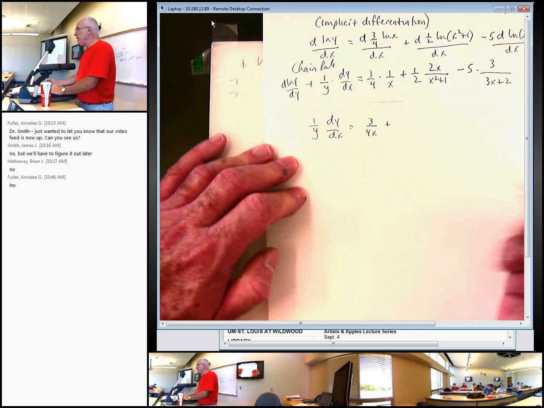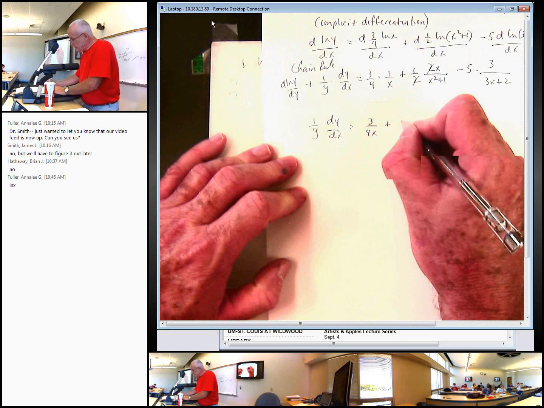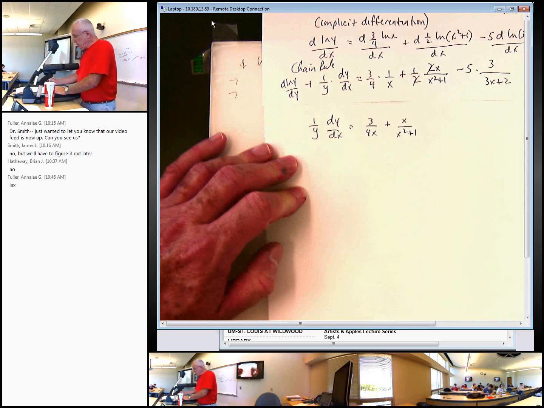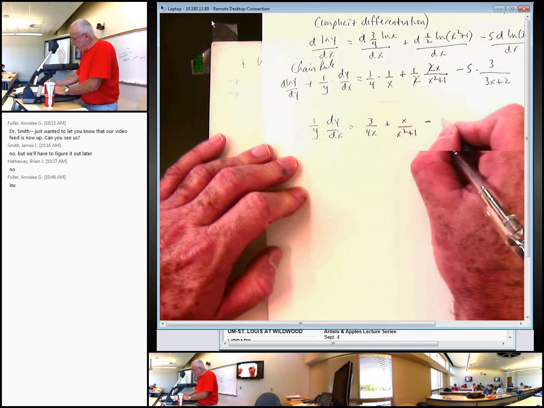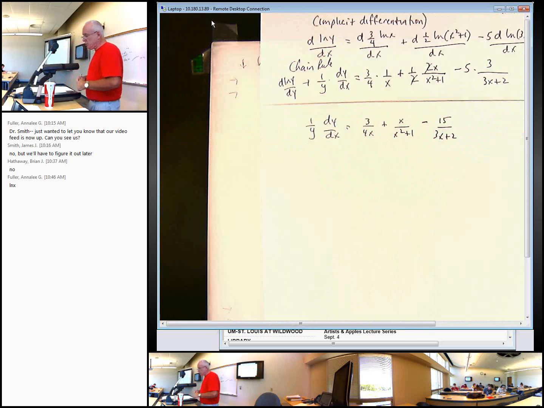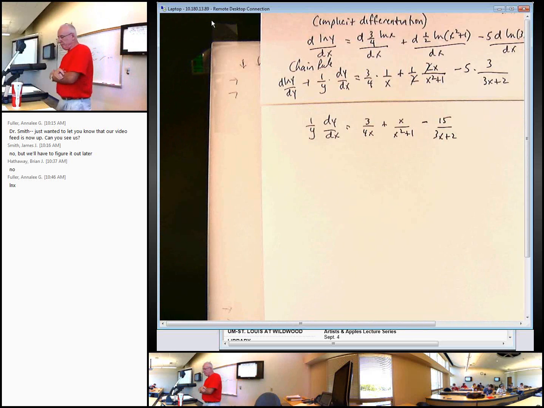I think we can cancel out the 2's. Let's go on and do that. So we have x over x squared plus 1. And then with the third term, we have a minus, 5 times 3 is 15 over 3x plus 2. So we just did a little minor simplification there on the right-hand side.